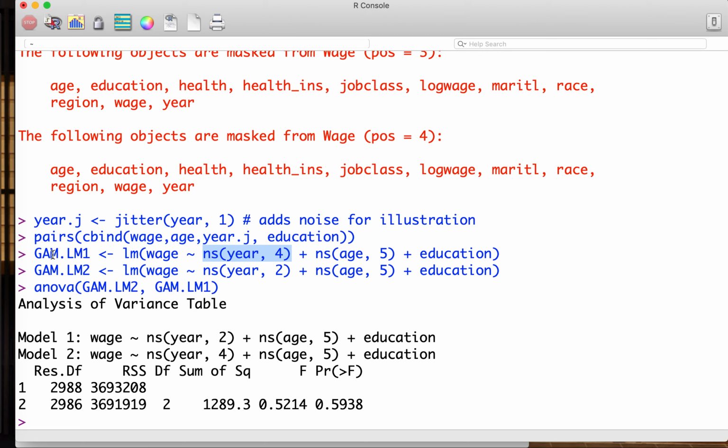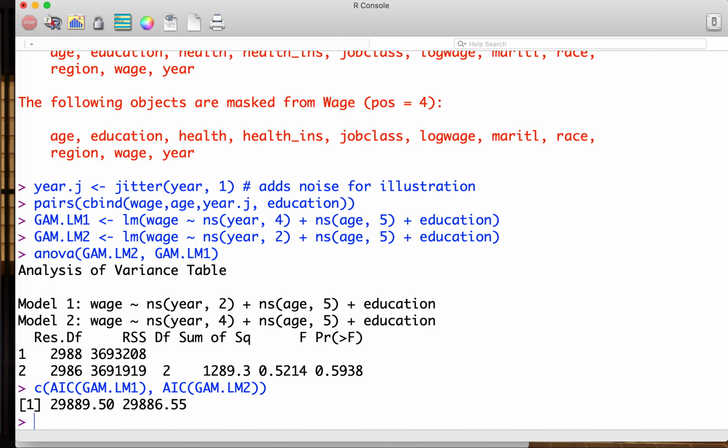So probably GAM LM1 is a redundant model and GAM LM2 is enough. You can also see the AIC values of the two models. LM2 has lower, that is better, AIC than model 1. So the third and fourth terms are redundant.